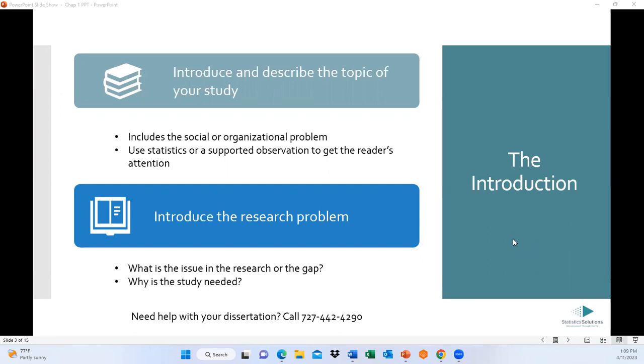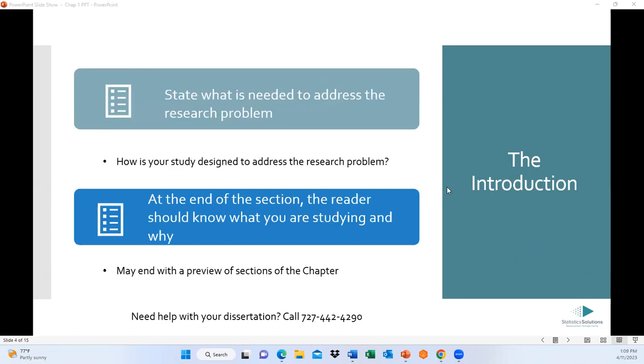So introduce the research problem, and we'll get to what a research problem is in a few slides. But why is there an issue in the research? What is the issue in the research? Why is the study needed? Introduce that. State what is needed to address the research problem, how your study is designed to address the research problem.